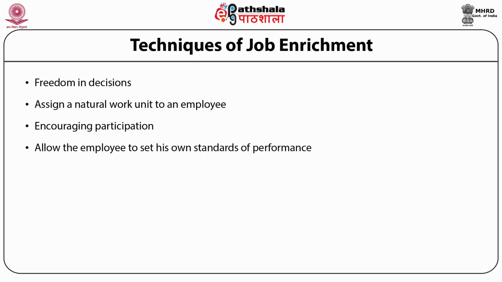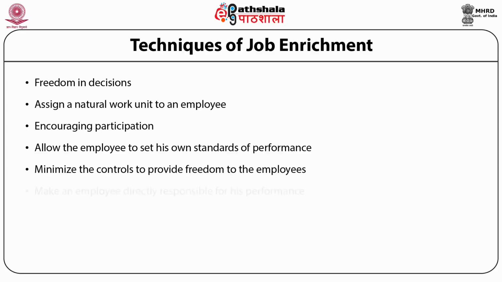He is allowed to set his own standards of performance, and then he will be checked by himself against those standards. The next technique of job enrichment is to minimize control to provide freedom to the employees. Here, freedom is playing a major role with minimum control on the employees.